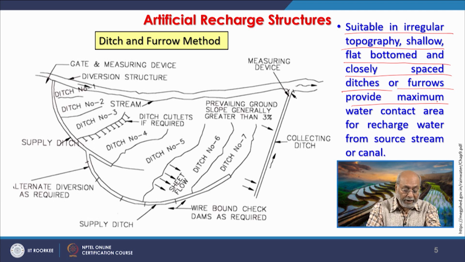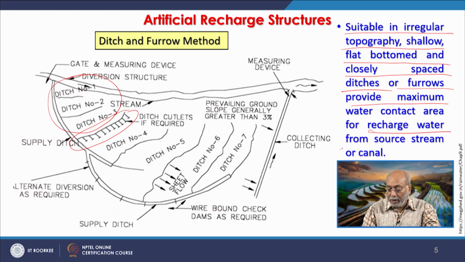So, here what we are seeing is that ditches have been created, and you are having supply ditches, and a series of cascading ditches all along the slope. Whatever runoff we can delay or stop, whatever the surface water flow or runoff, can be captured through ditches, and we will allow the water to recharge our groundwater regime.